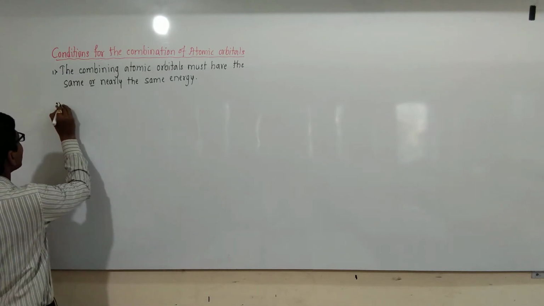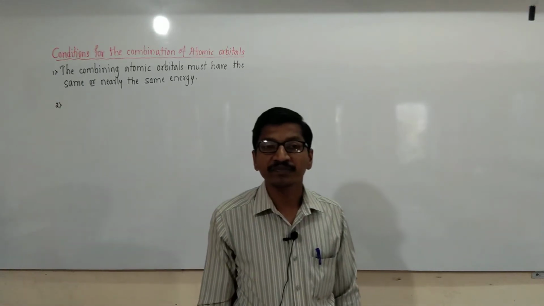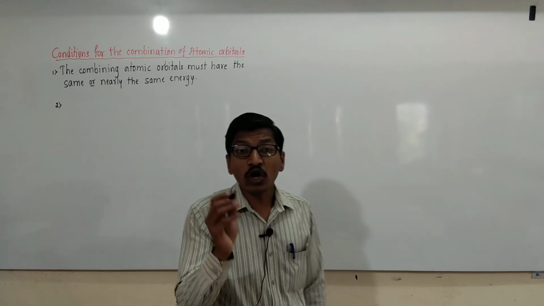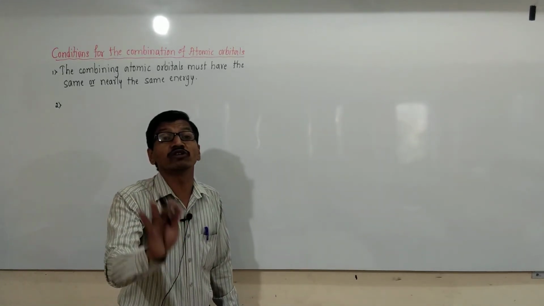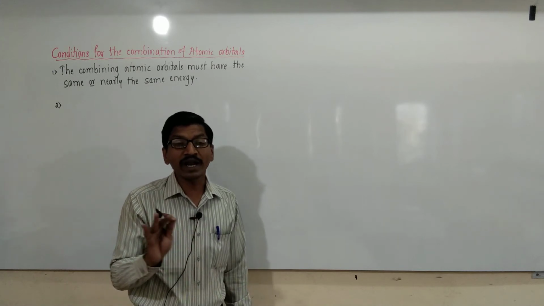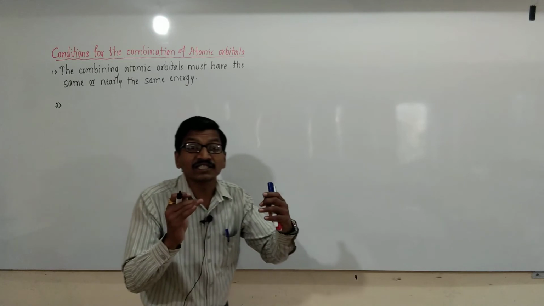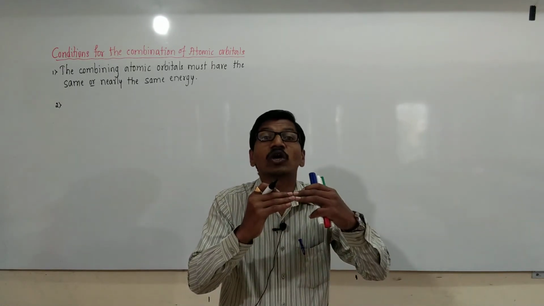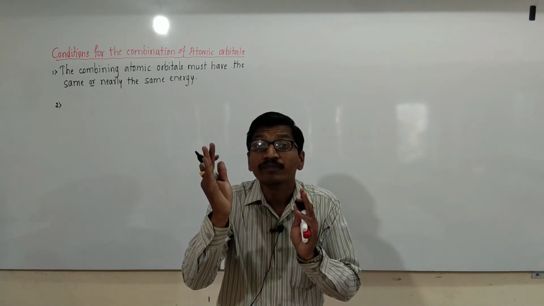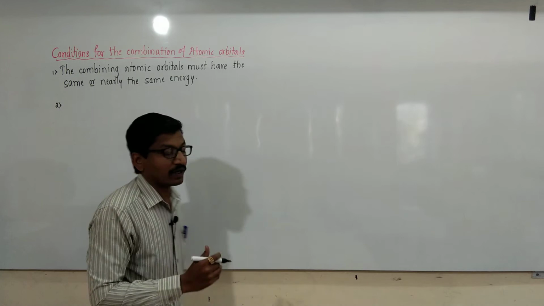Then the second condition for the combination of atomic orbitals is that the combining atomic orbitals must have the same symmetry about the molecular axis. It must be symmetrical about the molecular axis. That is, an x-axis atomic orbital combines with an x-axis atomic orbital. x and y cannot combine with each other because the axes are different.